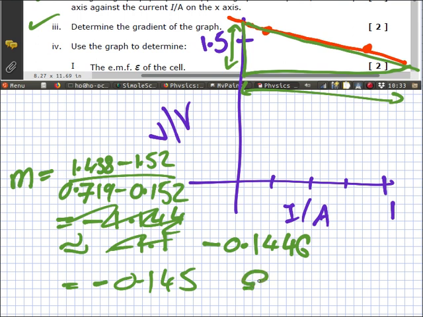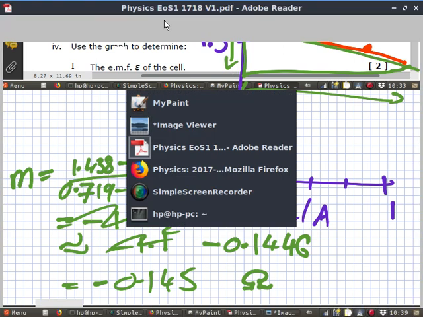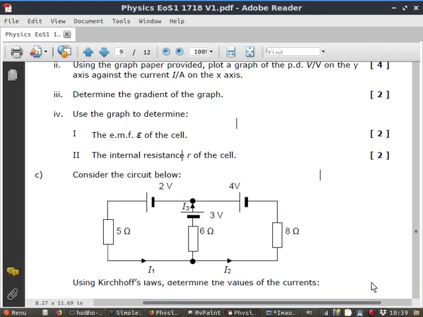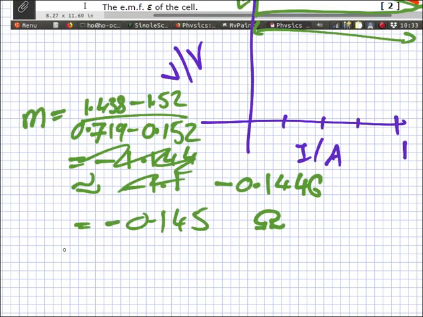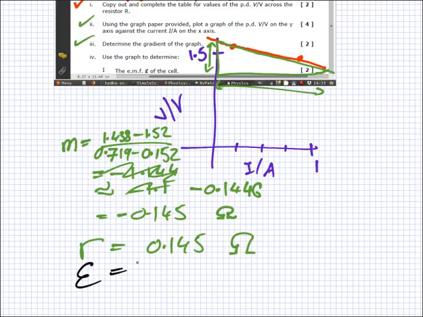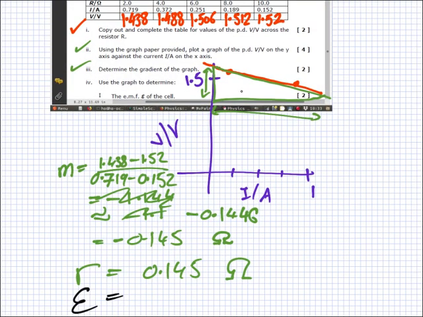It's voltage over current, so it's the correct unit. What's next? You get the EMF and the internal resistance. The internal resistance first, that's easy. That's 0.145 ohms. And the EMF is what on the graph? It's the y-intercept, which is here.